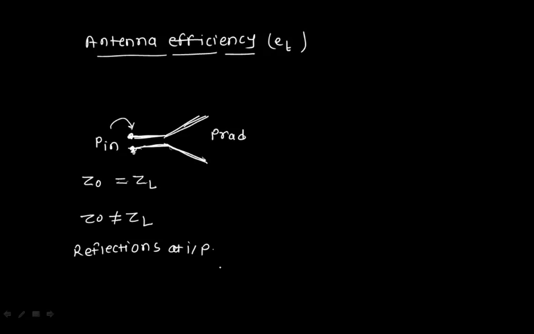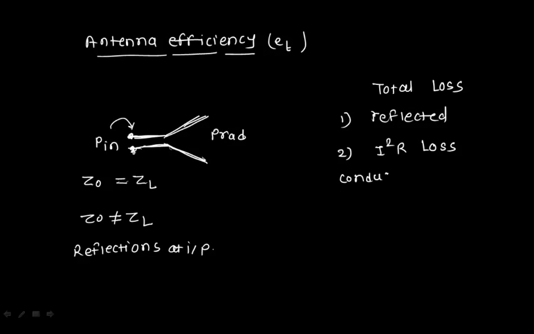Okay, so when I'm talking about the total losses, what can the total loss be? First is the reflected power because of the mismatch of the load. The second is the I square R loss, which is the ECD, or conduction dielectric efficiency.